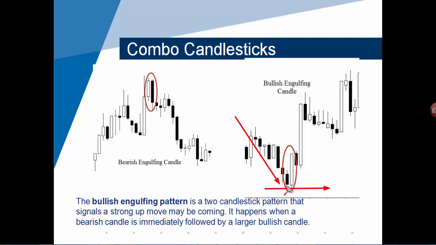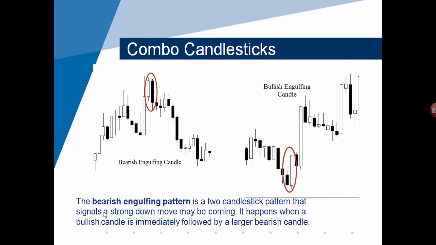Then it leaves this bearish candle behind. And then we have a bullish candle that follows suit. Hence the word engulfing, because we want to see the bullish candle actually engulf the previous candle, which is your black candle here. Now the color of the candle is actually significant at this point, because we want to ensure that we have a bearish candle and then a bullish candle that engulfs the previous candle.